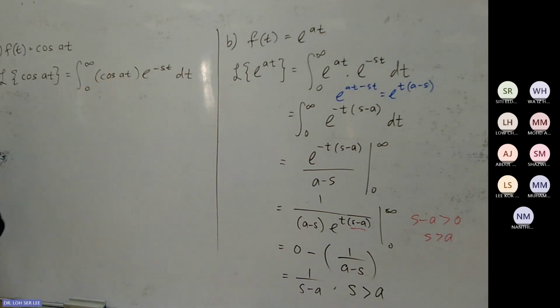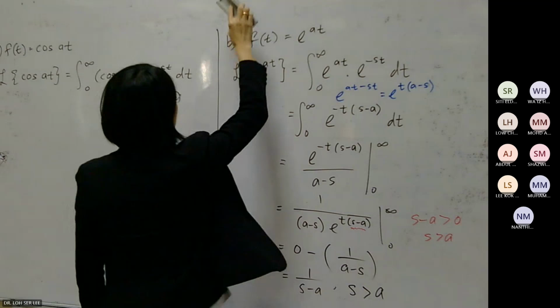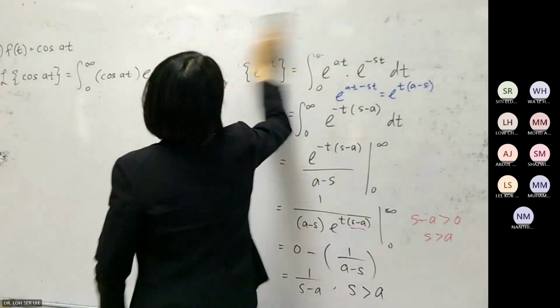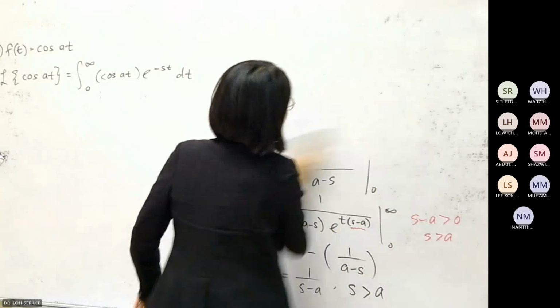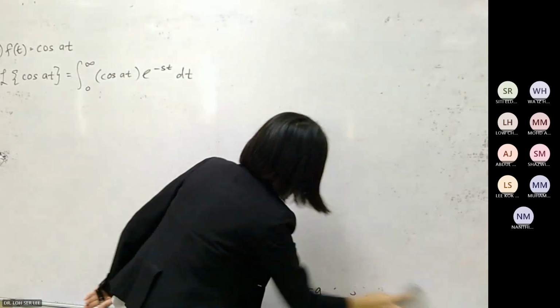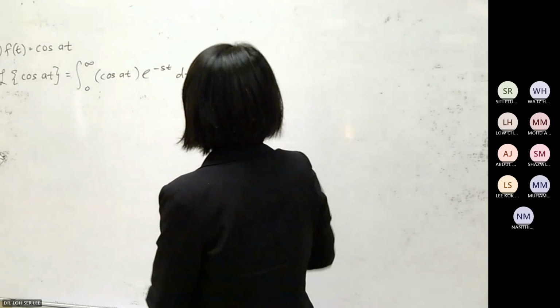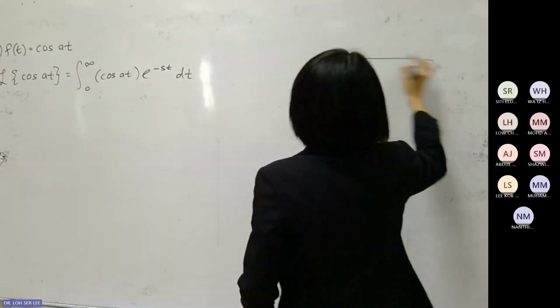Cos and exponential function, how do you integrate this? Tabular method. You can use tabular method, or integration by parts.